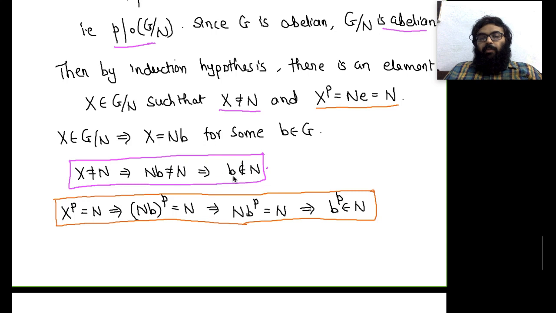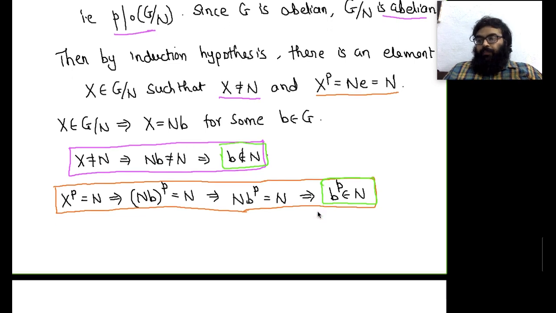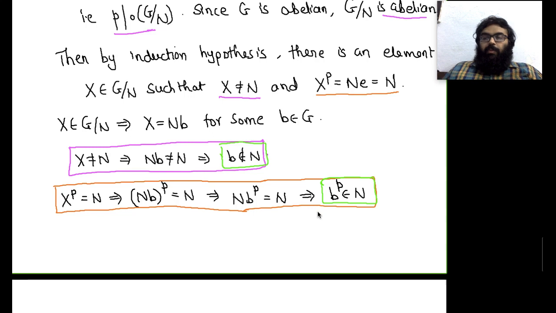So these are the two things we have obtained: b does not belong to n, and b power p belongs to n.